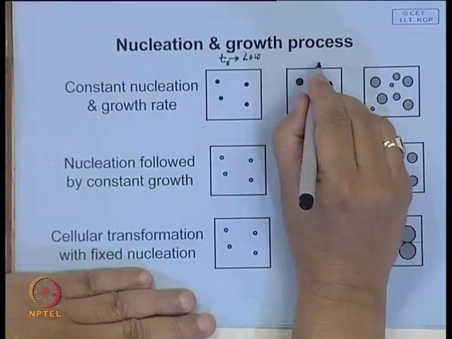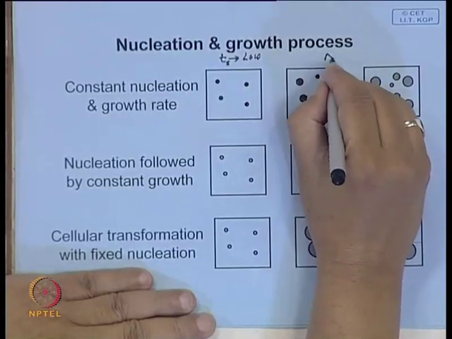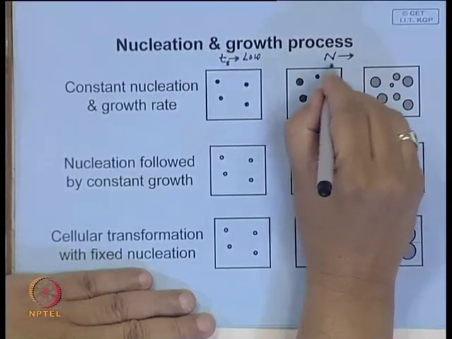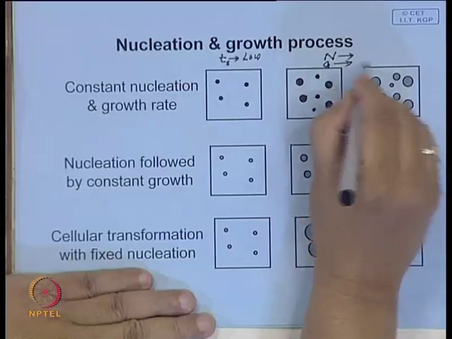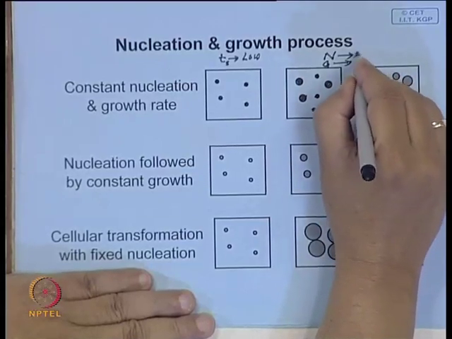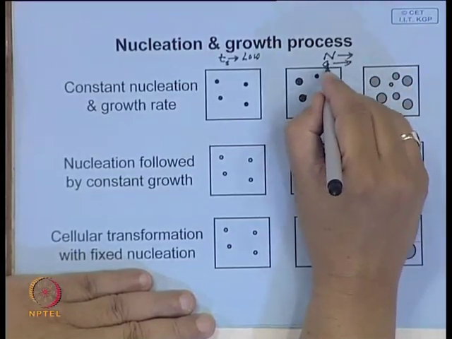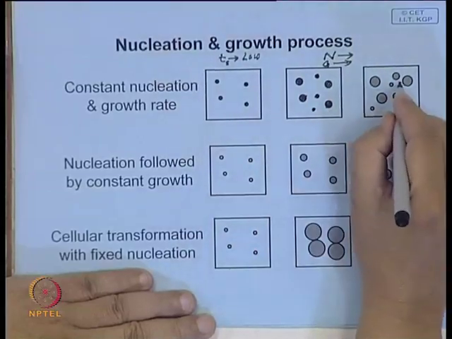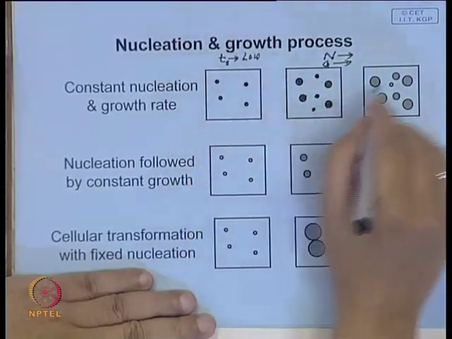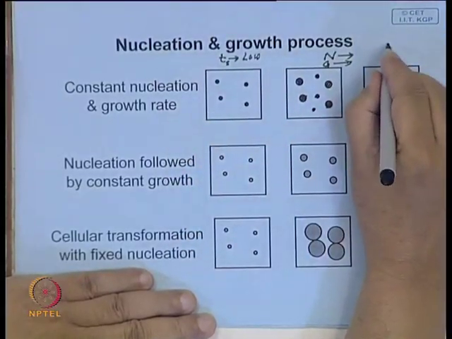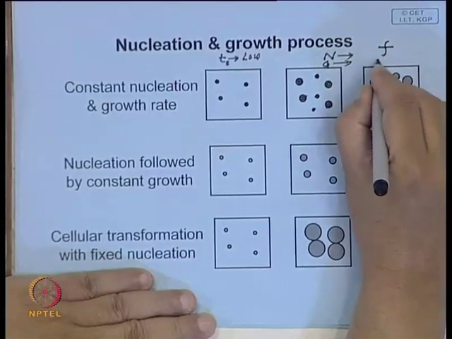So you have 2 parallel processes taking place, nucleation and growth, and with a very simple assumption, that is constant nucleation rate and constant growth rate, it is possible to find out the amount of transformation that has taken place, that is the fraction transformed.